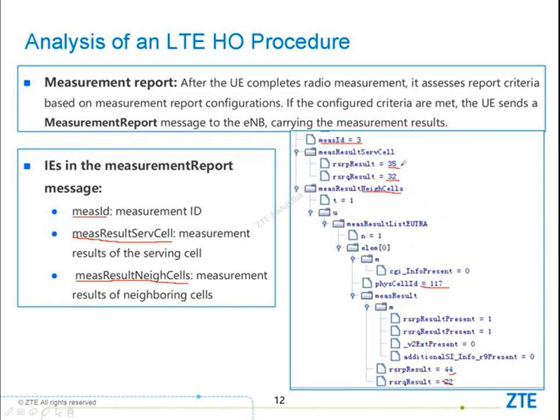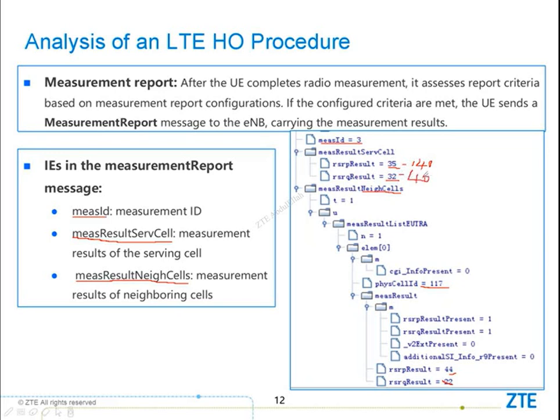And here please pay attention. This RSRP 35 does not mean 35 dBm. Here 35 should minus 140. Okay, should minus 140. So actually the RSRP 35 means minus 105 dBm. Okay, and RSRQ is 32, which also does not mean 32 dB. 32 means this value should minus 40.